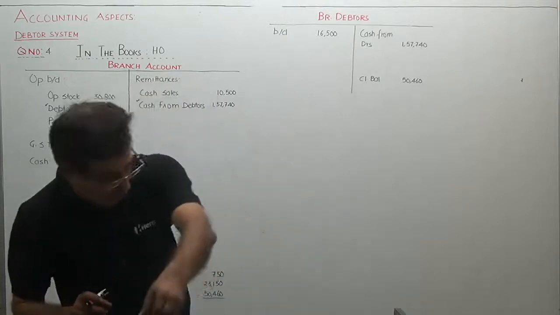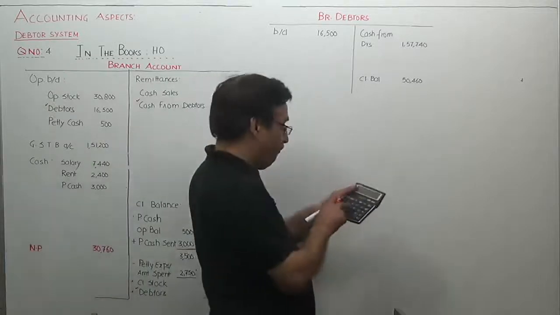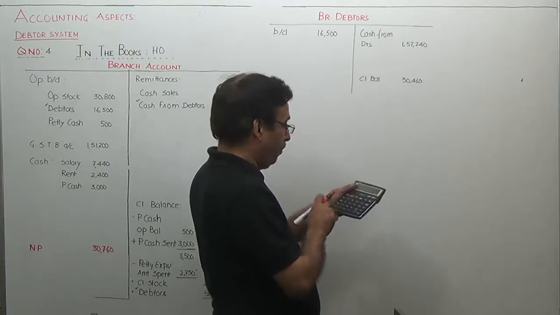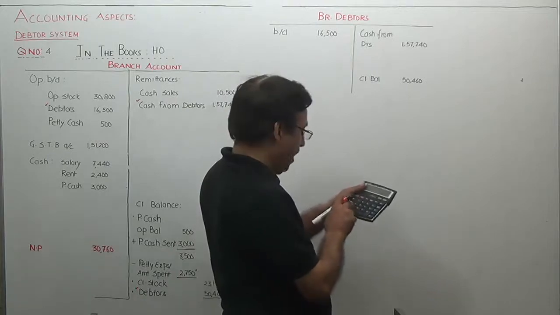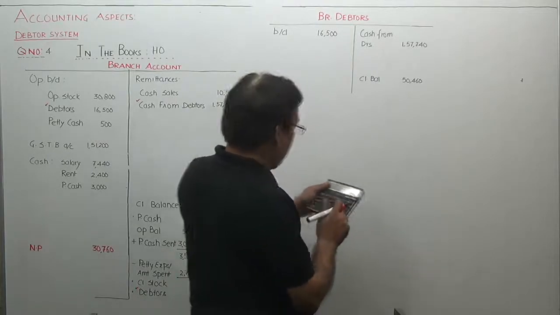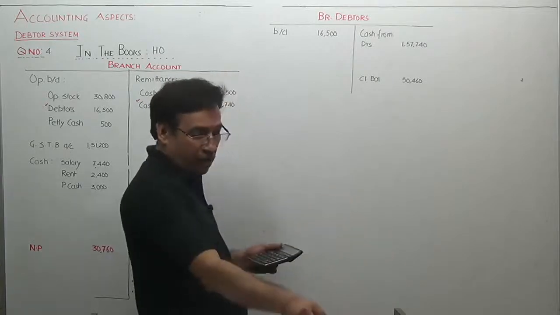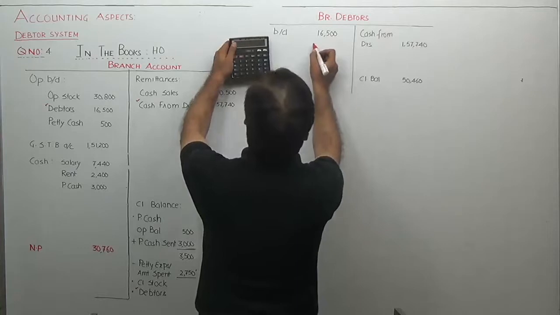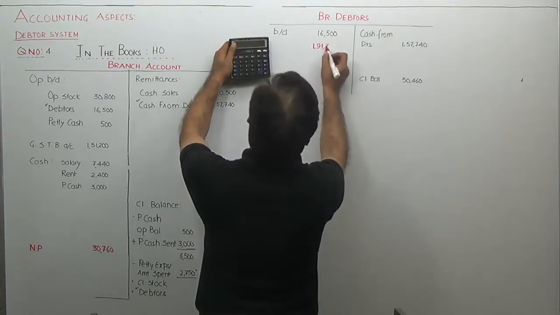Suppose I am going to tally this account, then what figure am I going to get? 157,740 plus 50,460 minus 16,500. That is 1,91,700. Now could you let me know what this figure will be? 191,700.